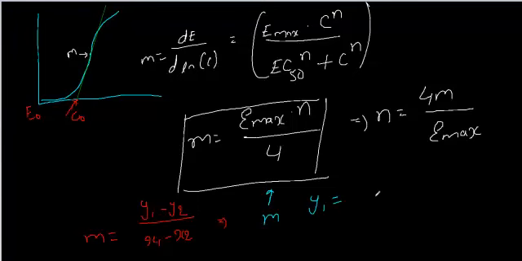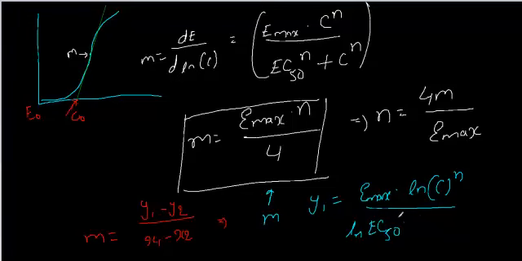And what is y1? y1 is Emax times ln of C^n over EC50^n plus ln of C^n, right?